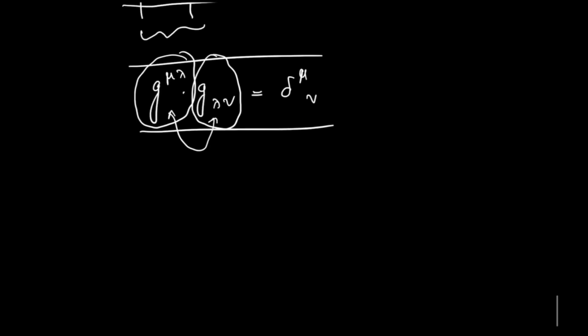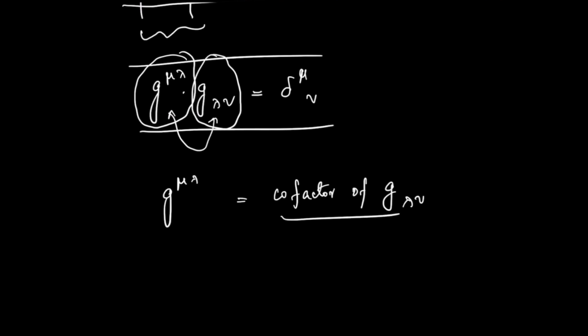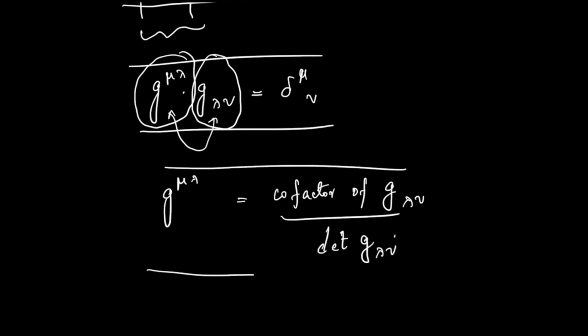If these two are reciprocal to each other, then the elements of G mu lambda will be the cofactor of G lambda nu divided by the determinant of G lambda nu. Because you know the inverse is equal to adjoint by determinant, and adjoint is the transpose of the cofactor, right? So that's why I can write one as the cofactor by determinant of the other.